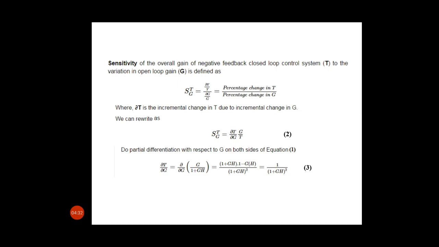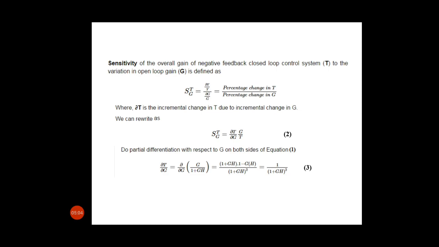If we consider the closed loop system, the transfer function T equals G by 1 plus GH. If we differentiate this transfer function with respect to G, then we find dou T by dou G equal to 1 by (1 plus GH) whole square.